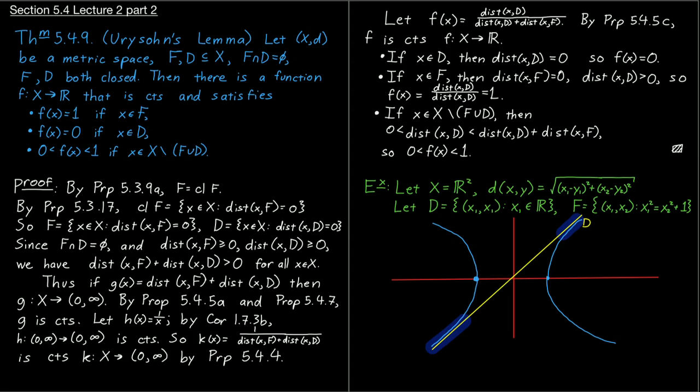You've got to get from 0 here to 1 here, and you've got to do it very, very quickly. So Urysohn's function is not necessarily going to give you a Lipschitz function or even a uniformly continuous function.